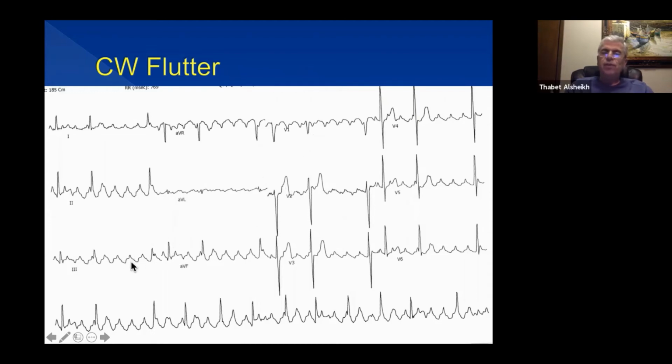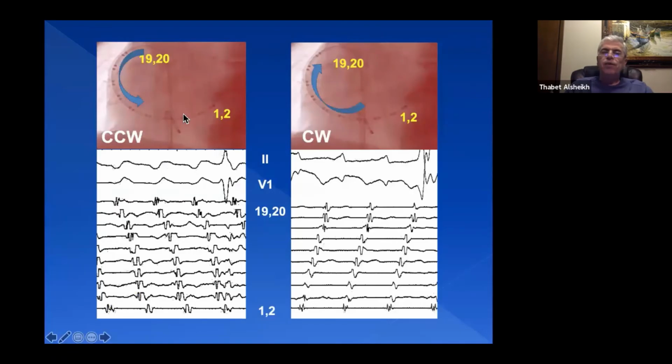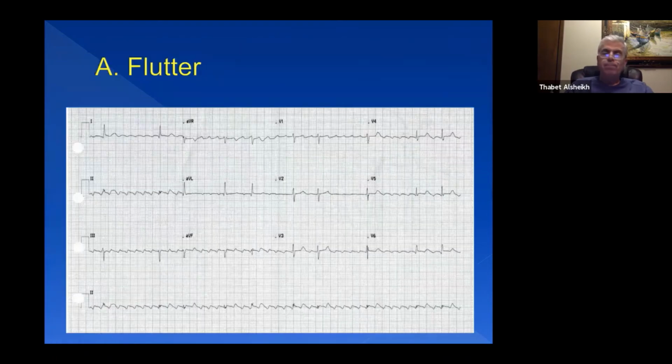So this is typical for the clockwise, and the one we saw before is typical for counterclockwise. Regardless, whether it is counterclockwise flutter or clockwise flutter, both are using the isthmus between the tricuspid annulus and the IVC, and both are treated the same way.